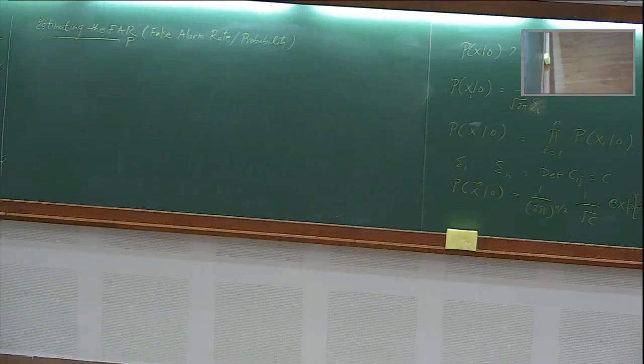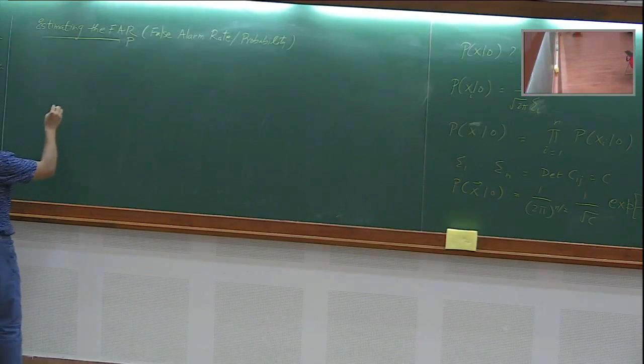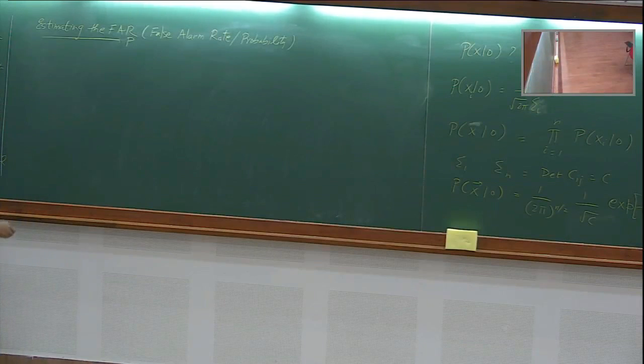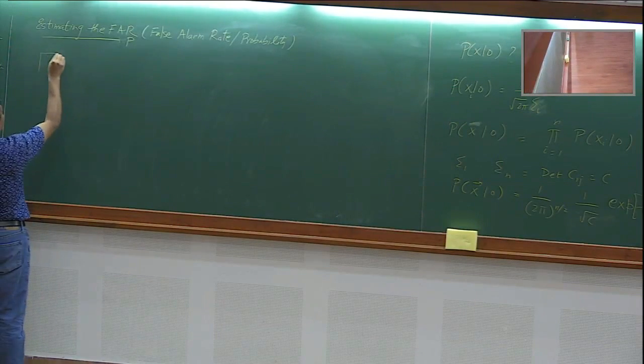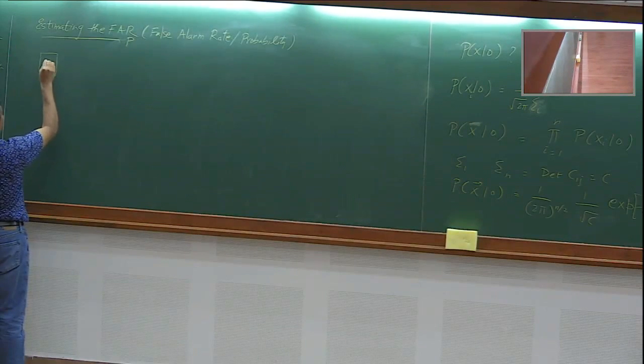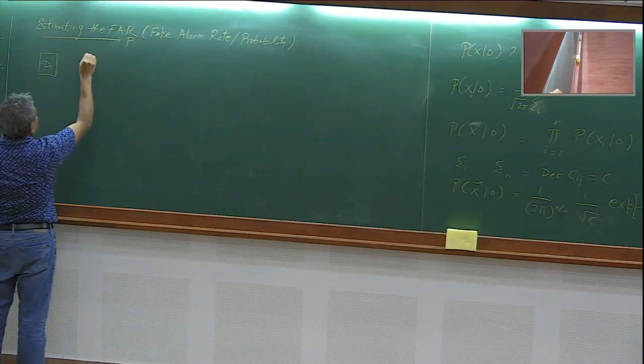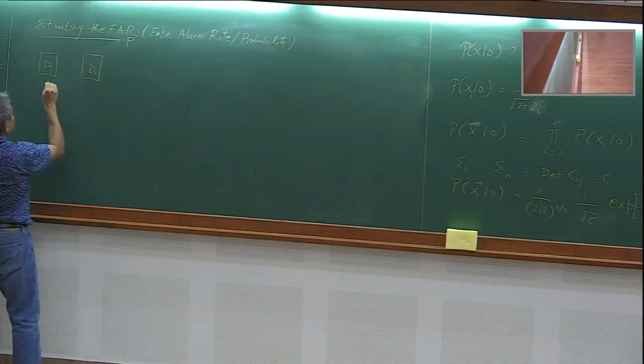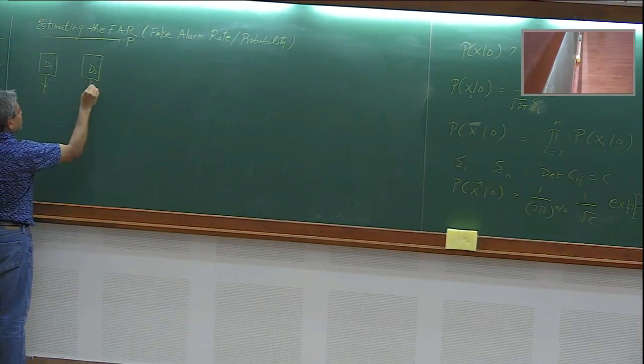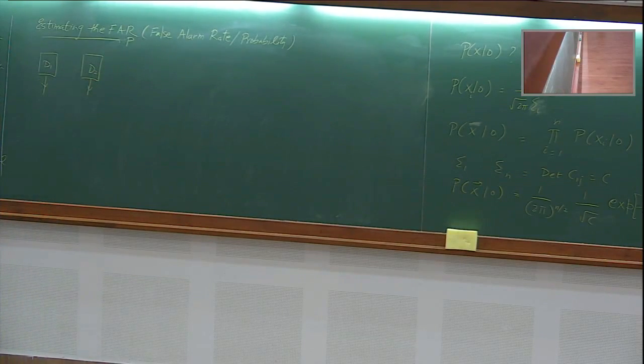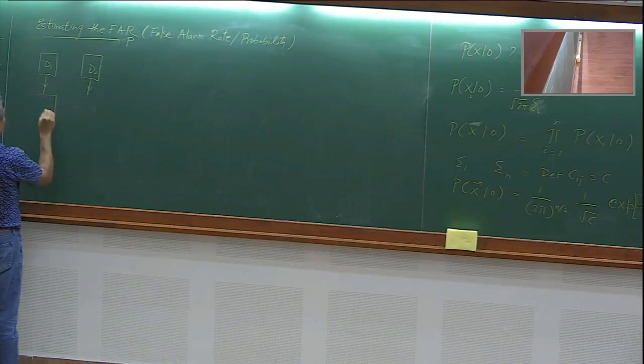How do we do this? Well, you get triggers from a network of detectors. So let's suppose you have detector 1, D1, detector D2. The data from each of these detectors is analyzed separately, and you collect potential events or triggers.